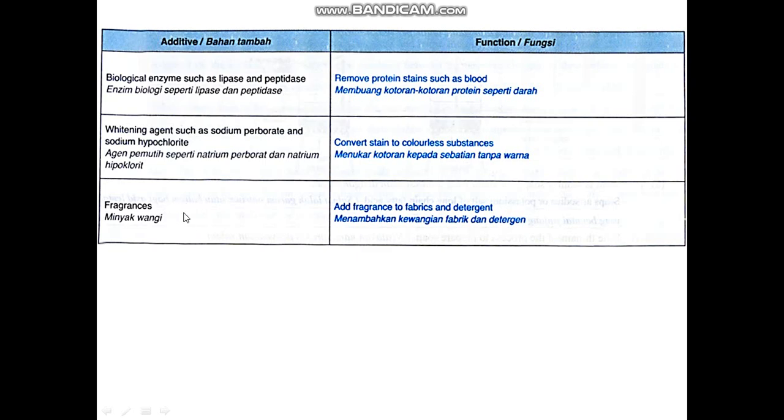Fragrance such as Downy can make our clothes, our fabric, smell very good. So just memorize these three, that is enough. Memorize the three examples of additives and their functions.